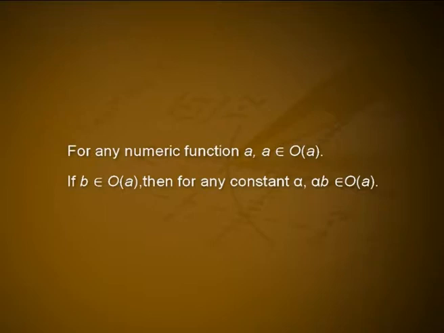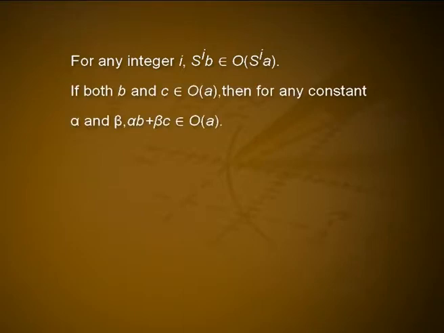If b is an element of O(a), then for any constant alpha, alpha b is an element of O(a). For any integer i, s^i b is an element of O(s^i a). If both b and c belong to O(a), then for any constants alpha and beta, alpha b + beta c belongs to O(a).